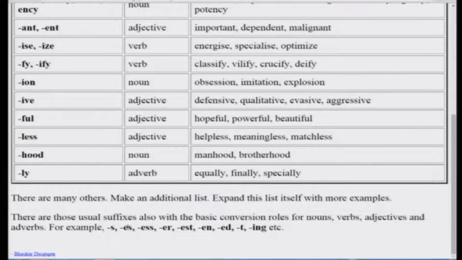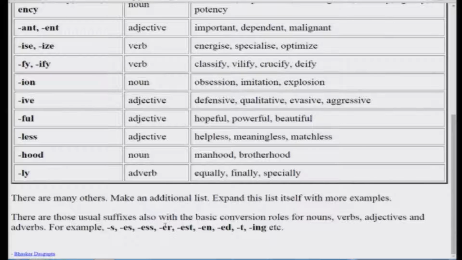Like S, ES for making plurals, ESS for making feminine, ER and EST for comparing adjectives and adverbs. Okay? More and most sense. Okay? Dear, dearer, dearest. Okay? Near, nearer, nearest. So, pretty, prettier, prettiest.